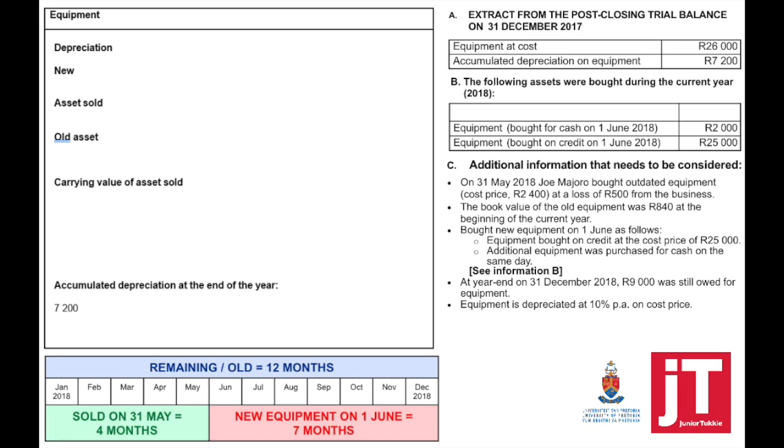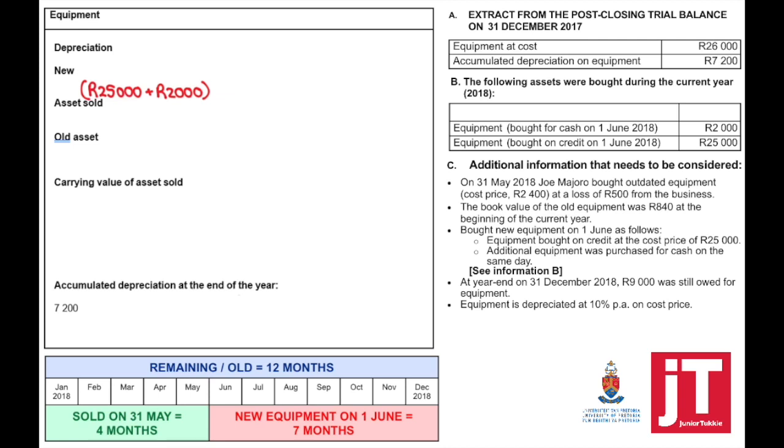When we're calculating now on the new, as I've mentioned earlier, we bought for cash and on credit. Both were on exactly the same day, on the 1st of June, which means when we're calculating from the day that we've purchased it until the end of the accounting period, both will be for 7 months.